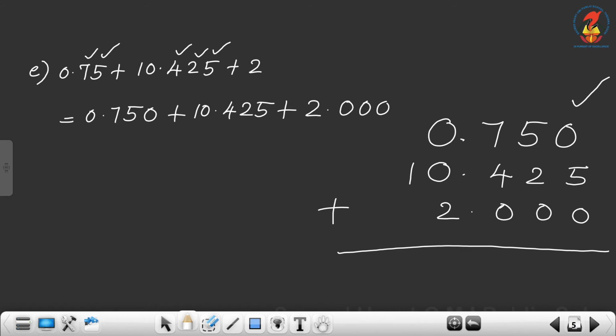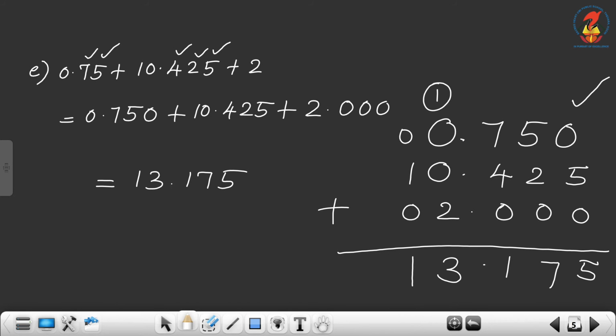You have to start from the thousandths place onwards. 5. Then 5 plus 2, 7. 7 plus 4, 11. Carry over 1. Then next comes the decimal point. 2 plus 1, 3. Here we have no digits. You can put 0. Then 1. So the answer is 13.175.